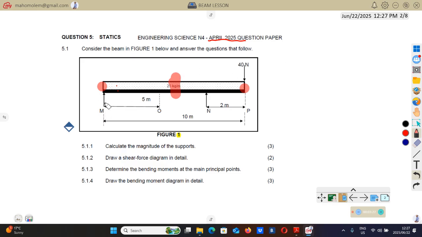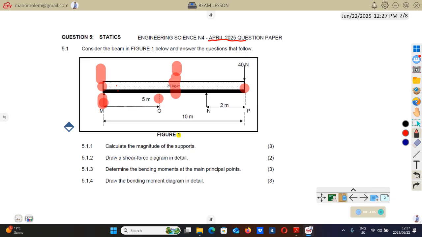But according to this sketch, 5 meters from here to there is different. So I'm not sure which one to use: should I take the 5 meters from here to there, or stick to the other 5 meters? Let me try to rectify it.